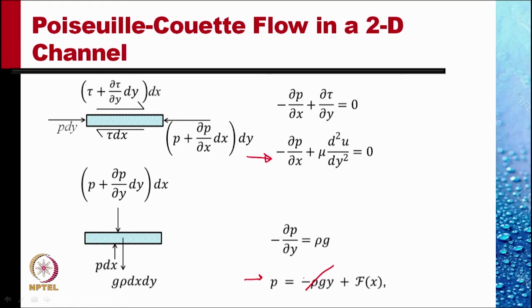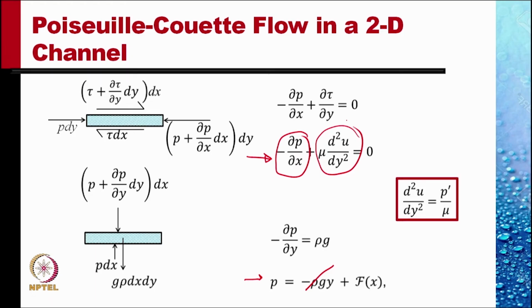Now look in this equation. This is a function of x alone, and this is a function of y alone, because u is a function only of y. So one term is a function of x alone and the other term is a function of y alone. Then each of these terms must not be a function of x or y, but should be a constant.